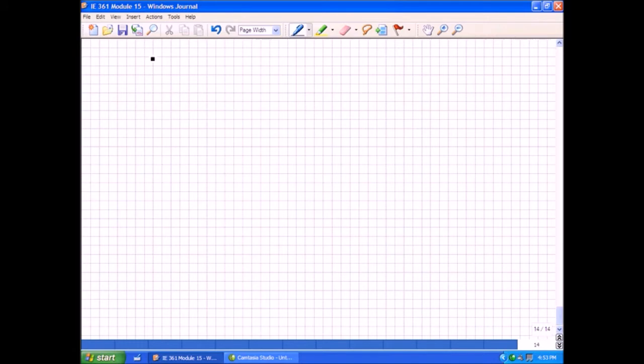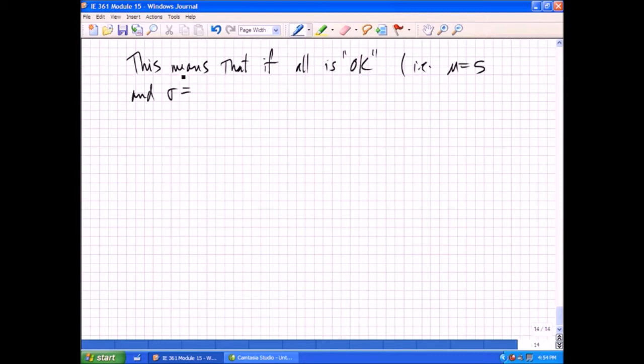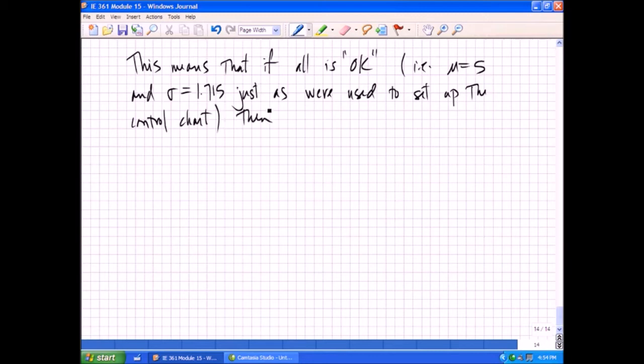Okay, so what does this mean? Well, this means, for example, that if all is okay, and I mean by that, i.e. the mean is at 5 and the standard deviation is at 1.715, just as were used to set up the control chart, then what is going to be the average run length?